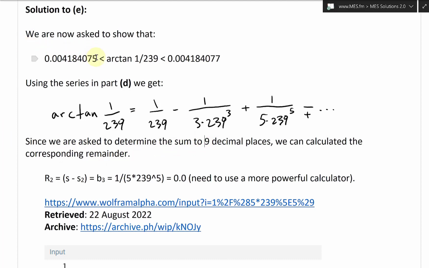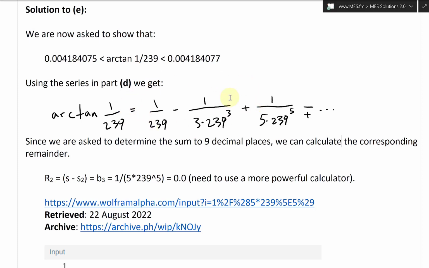Now that we have this, since we are asked to determine the sum to 9 decimal places, that was right over here. This is 4, and that's 5, and 5 plus 4 is 9 decimal places. We can calculate the corresponding remainder. So let's look at R2. R2 equals S minus S2.